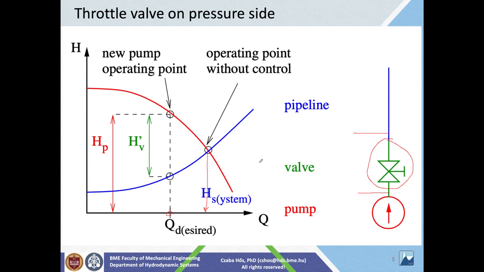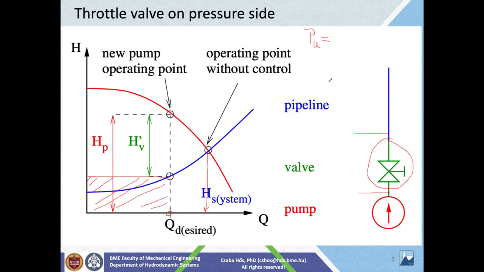The efficiency of the control and the specific energy consumption are nicely explained, but it's fairly simple. The useful power is, as I said, the desired flow rate and the head of the pipeline. So this will be here the useful power.